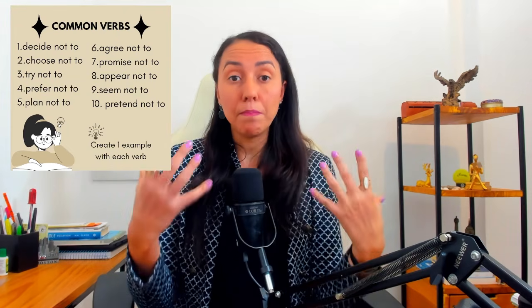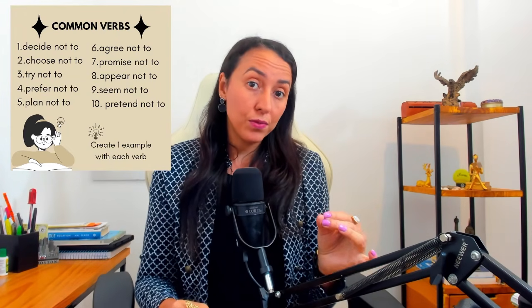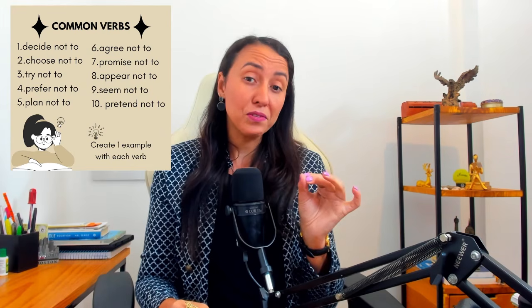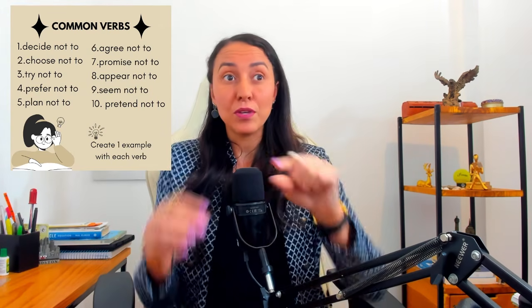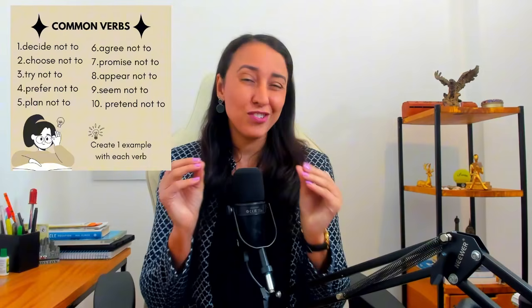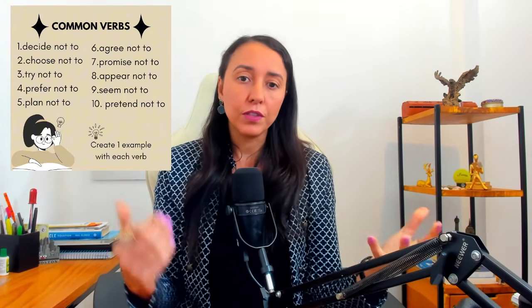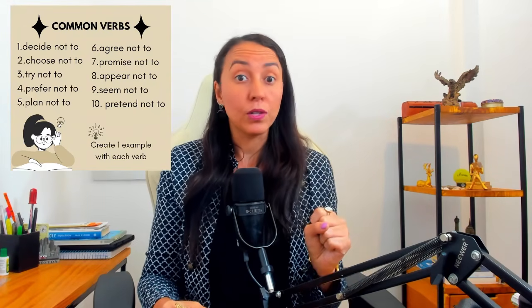So these are really popular verbs. Just because you can use this structure, doesn't mean you're going to use it with all verbs. No, that is not the case, okay? There may be other verbs, but these are the most popular ones.